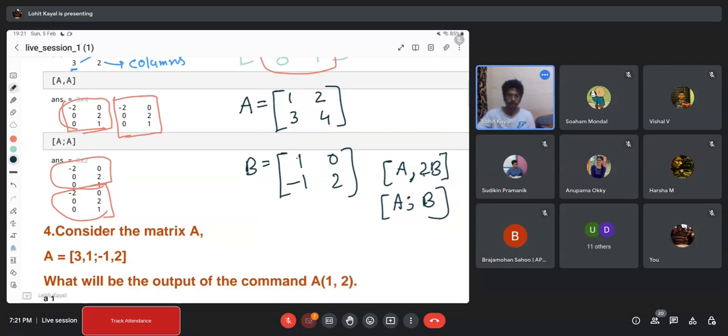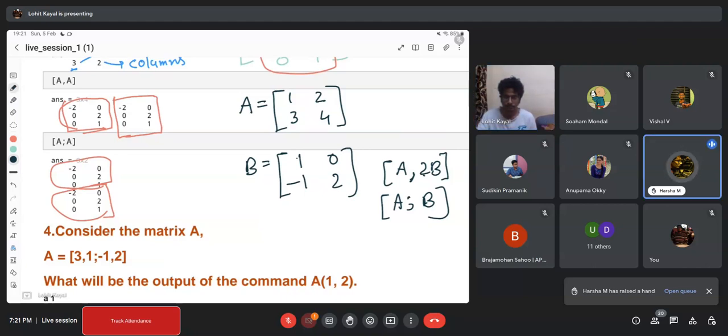Yeah, someone raised a hand. Yeah. I actually am not being given the access.